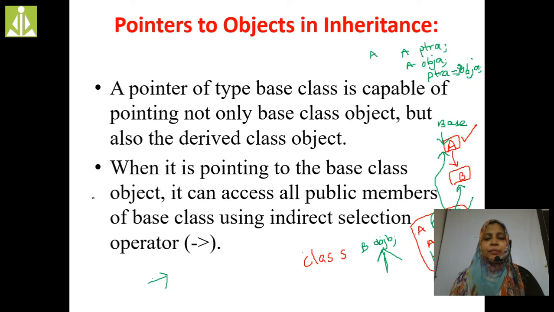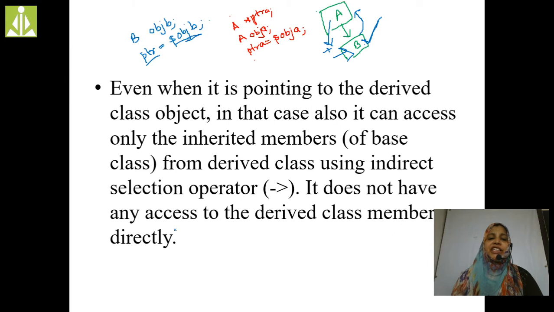Now when it is pointing to the base class, if we use the pointer variable of the base class, then it can access the public data members of its base class, right? In the second case, when the pointer variable is pointing to the objects of its derived class, it can access the inherited members of this derived class.